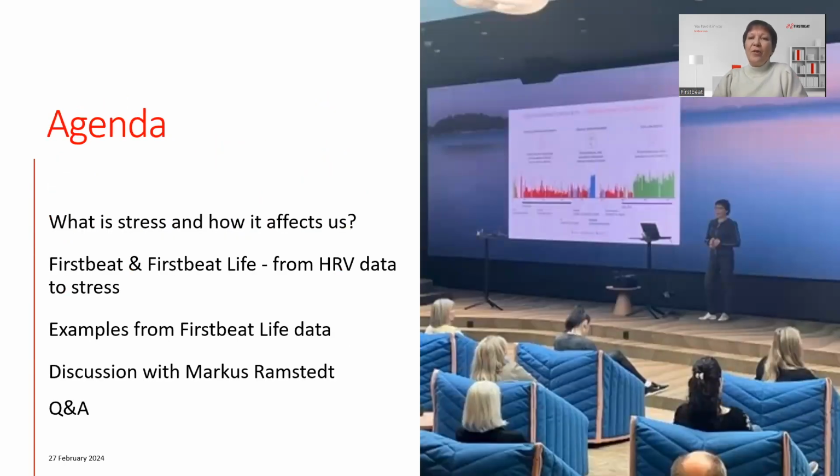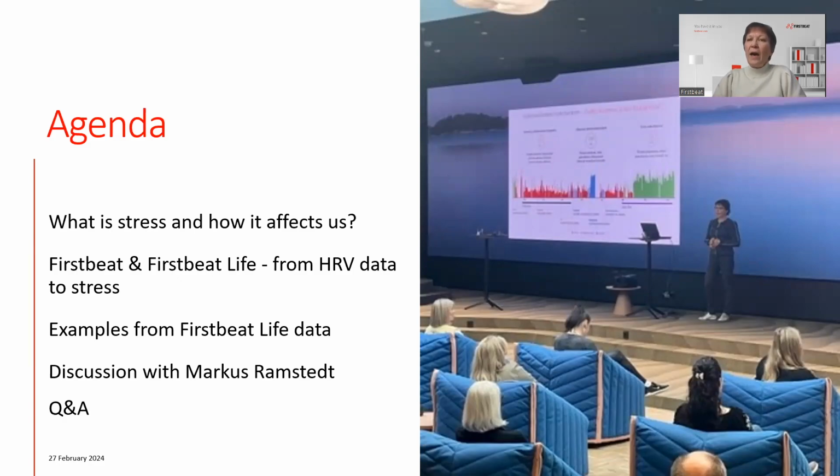I'll start off the session with a little bit about stress physiology. What is stress and how it affects us, and some general definitions. And then I'll introduce Firstbeat and Firstbeat Life and how we utilize heart rate variability data to talk about stress and to provide insights about stress.